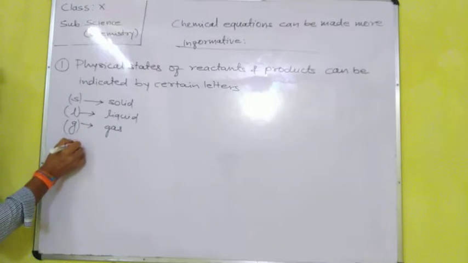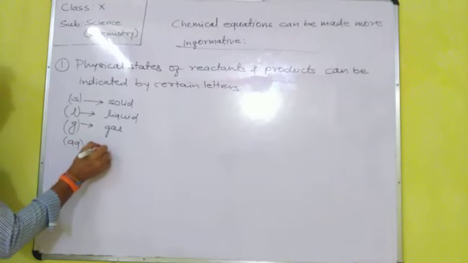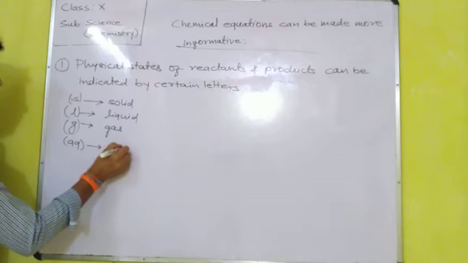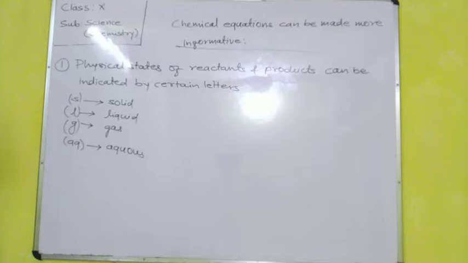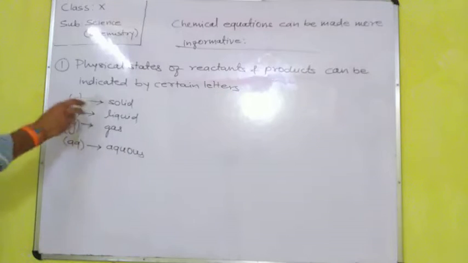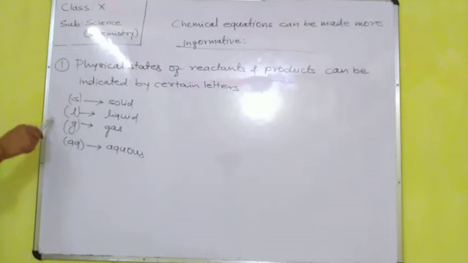If aq is written, it stands for aqueous state, in which water is present as a solvent. So for the solid state s, for the liquid state l, for the gaseous state g, and for the aqueous state aq.